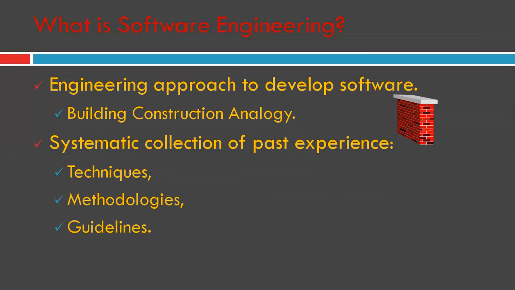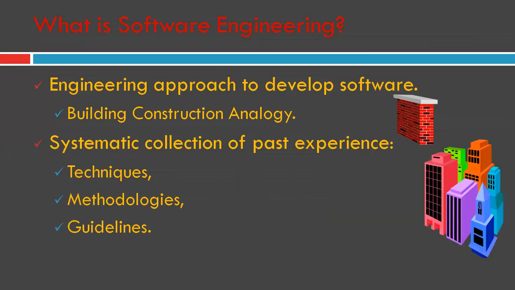But what would happen if the same friend asked us to build a large multi-storied building like this in this figure? For a multi-story building, we don't have a very good idea about building such a huge complex.